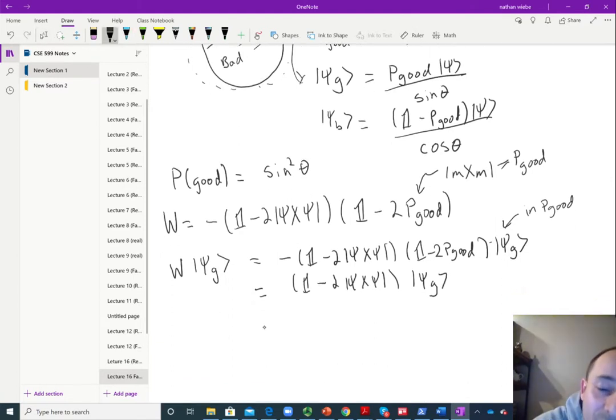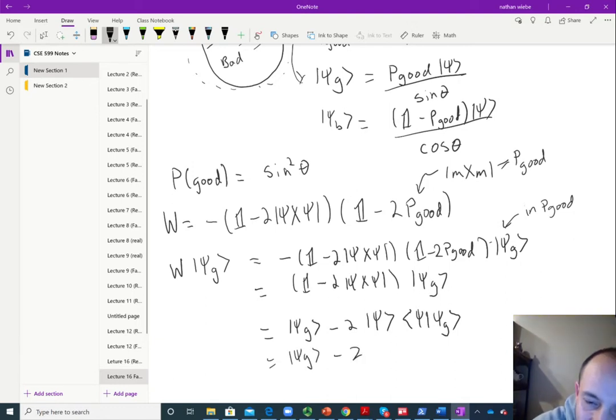When we expand the product out, this is just psi g minus 2 psi times the inner product of psi with psi g, which, as we noted before, is equal to psi g minus 2 sine theta psi.